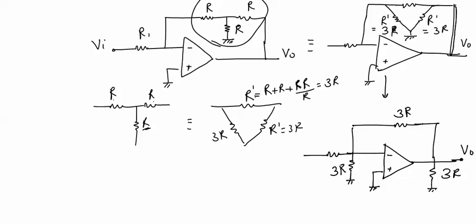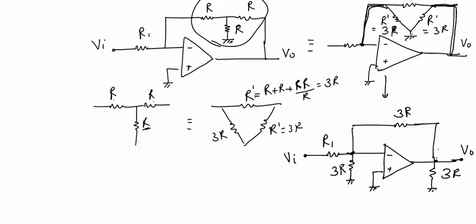This terminal is connected to output, so between output and ground there is a resistance 3R. Between VP and ground there is resistance 3R. This resistance is R1 and this is voltage VI.